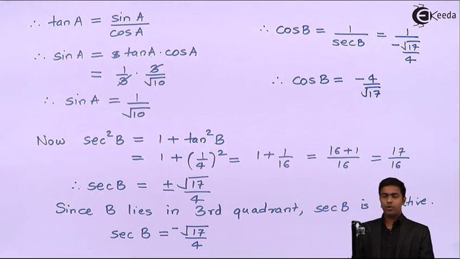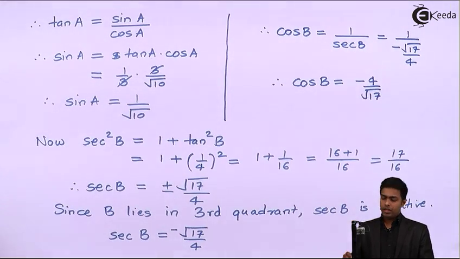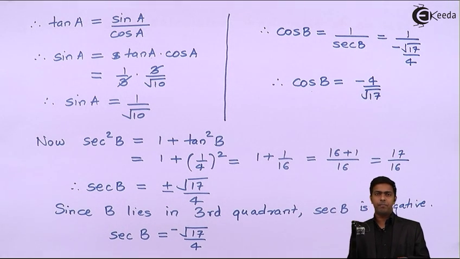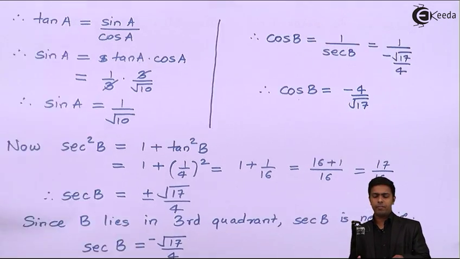Now we got the value of cos of B. Now from this value of cos of B, we will find out the value of sine of B. We have tan of B with us, we have cos of B with us. Now let's find out sine of B.